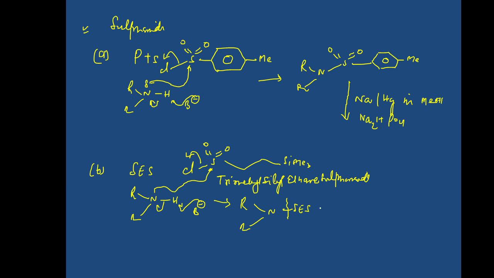In the case of SES, deprotection is brought about by cesium fluoride in DMF. So basically it is very easy to remember protecting and deprotecting groups. You have to revise it one or two times, then you can easily remember these types of groups.